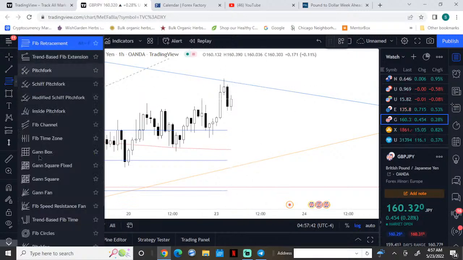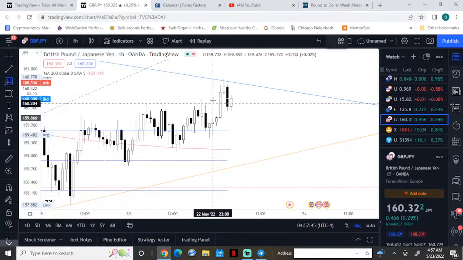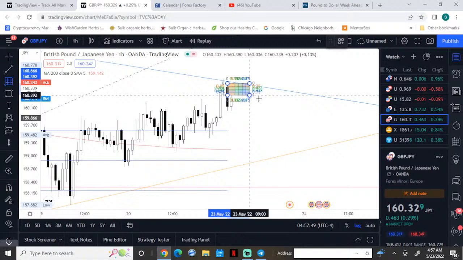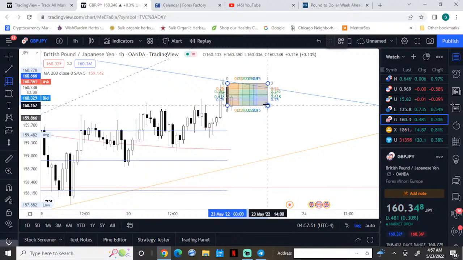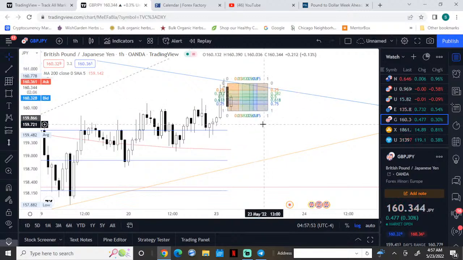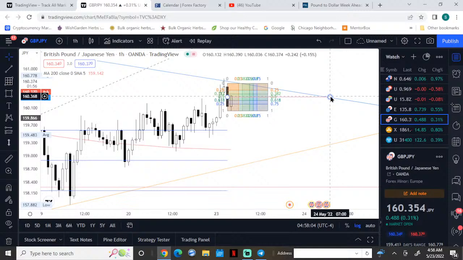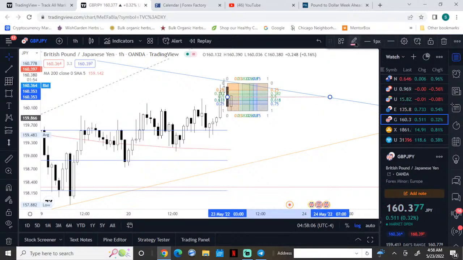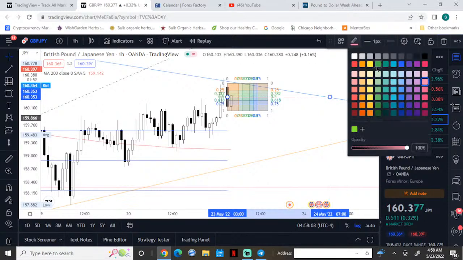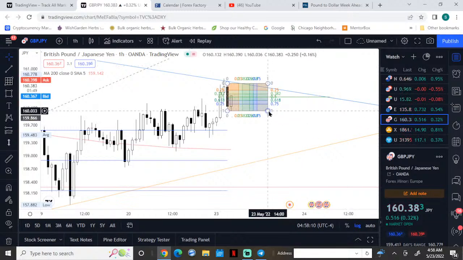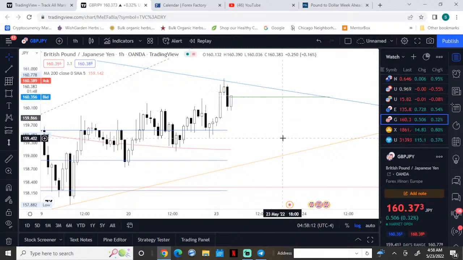So I'll take my GAN box. Ooh, filled 50% perfectly. Perfectly. Change this color. That's beautiful.